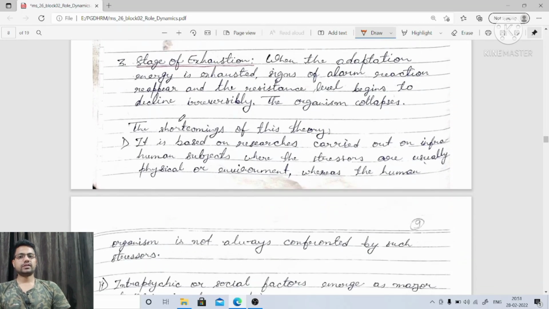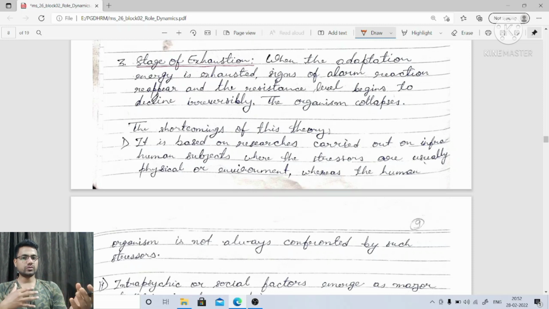So in the third stage of exhaustion, the adaptation energy is exhausted. So when adaptation energy is exhausted, then what happens? Now you see, signs of alarm reaction reappear. Means whatever signs were there in the organism in the alarm state, all those signs are going to come again, like autonomic excitability, increased heart rate.